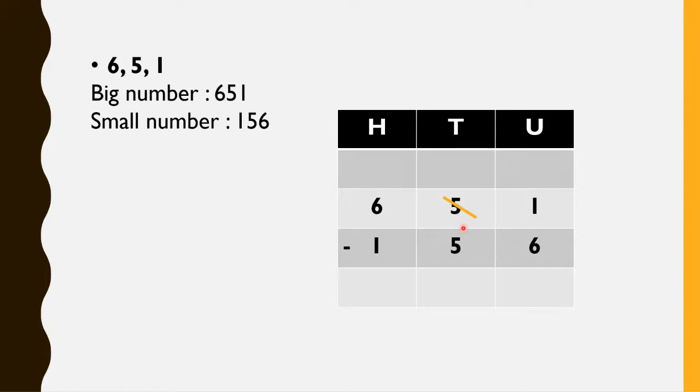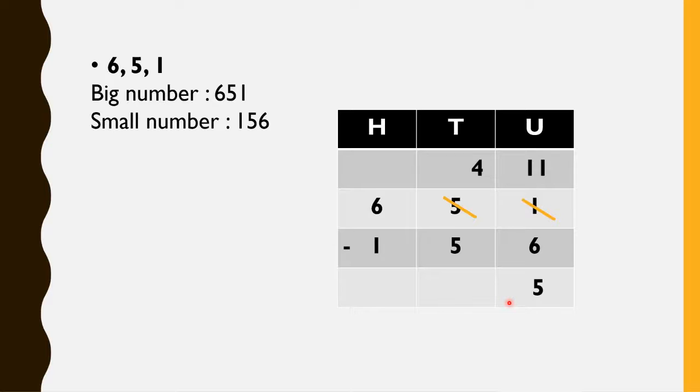So it will become 4. So 10 is equal to 10 units. So already we are having 1 unit and more 10. So it will become 11. So 11 minus 6. What is the answer, students?